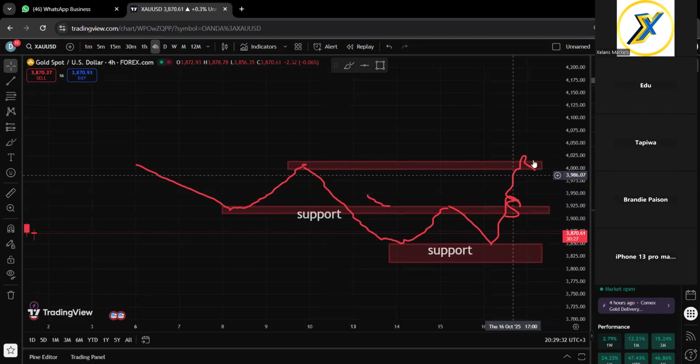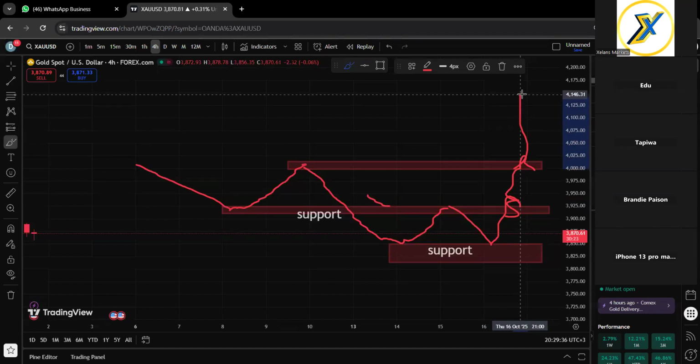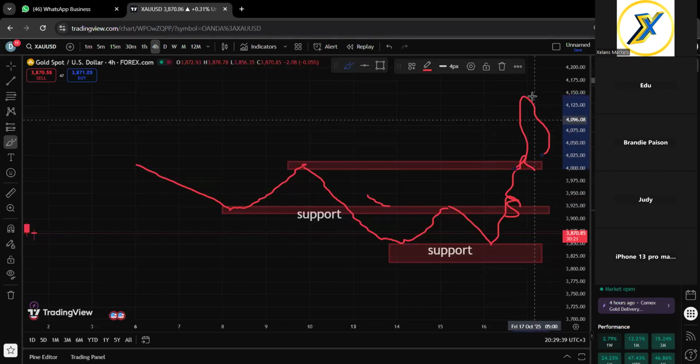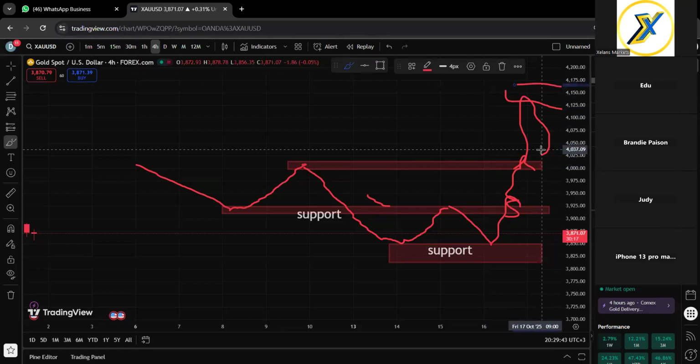Next, if this resistance is broken, then we get a rejection. This will be a resistance, and this will become our support. So support can become your resistance if it's broken, and your resistance can become your support if it's broken.